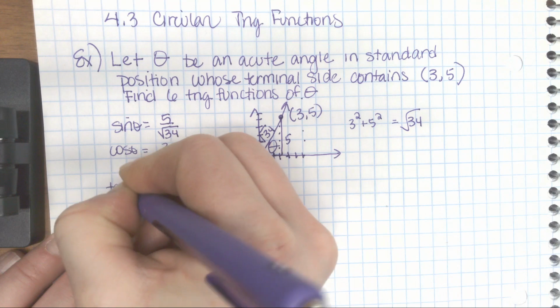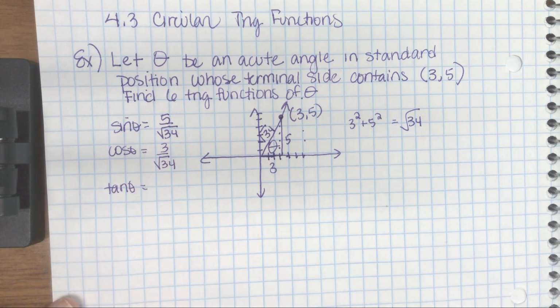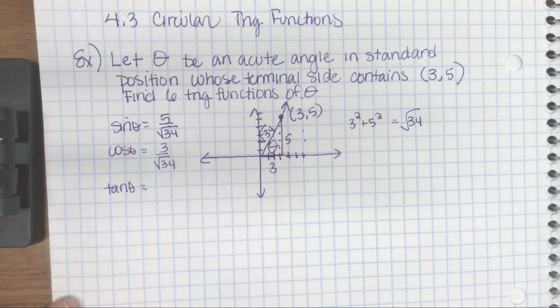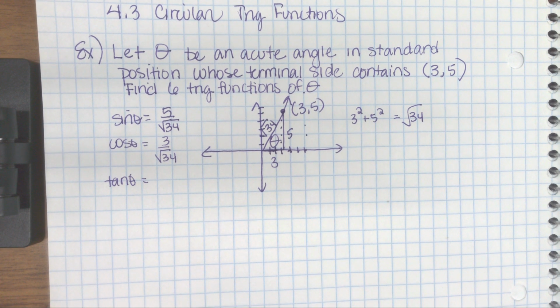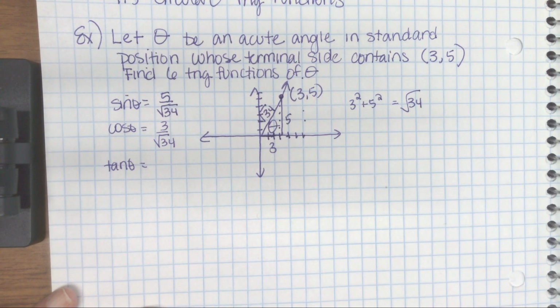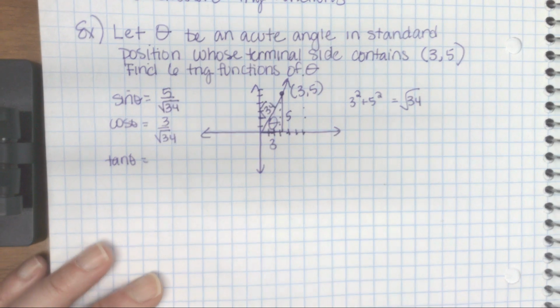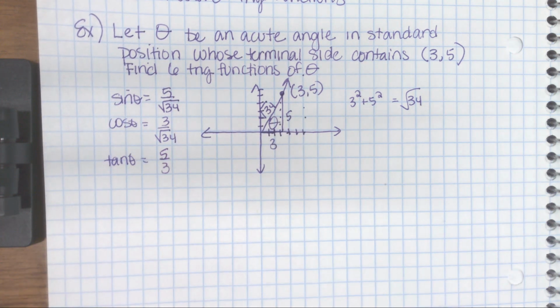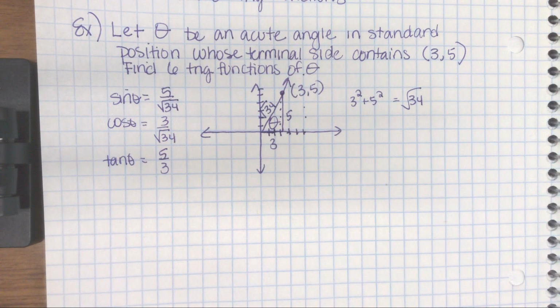Tangent is up. What? Wait, what? You said 5. Oh, I said 5? I'm sorry. 3, sure. What's tangent? Yep, 5 over 3. And then I like to just go from there and do my reciprocals.